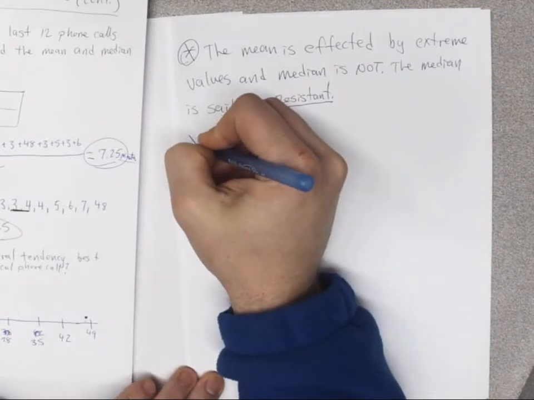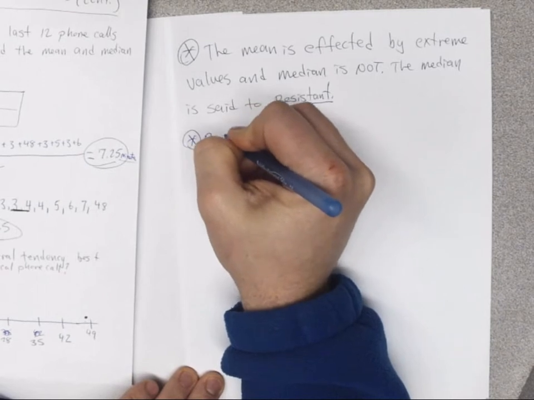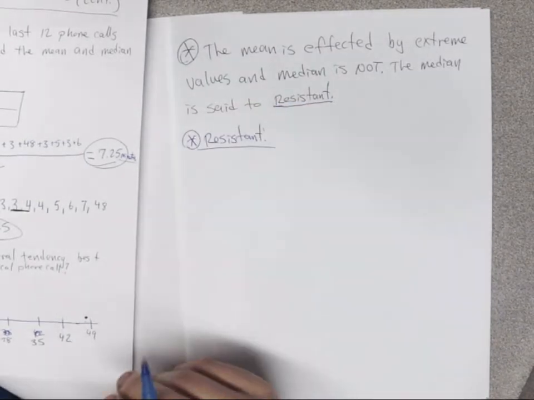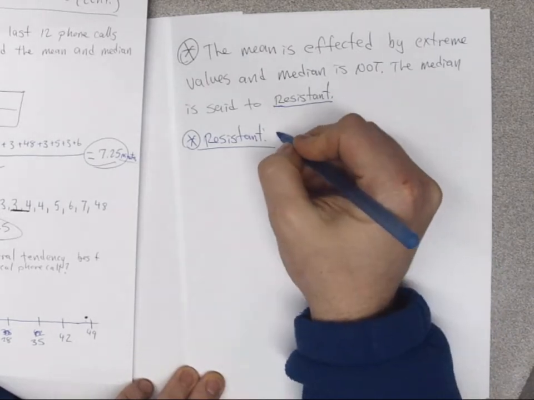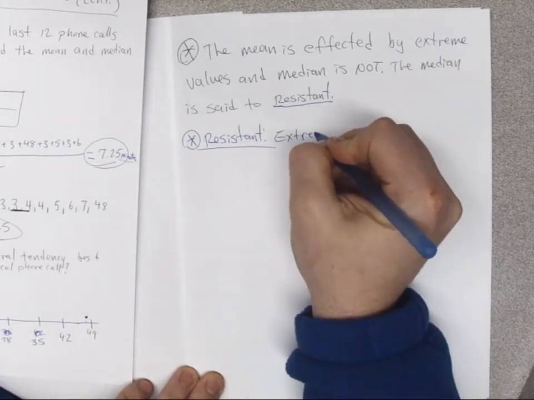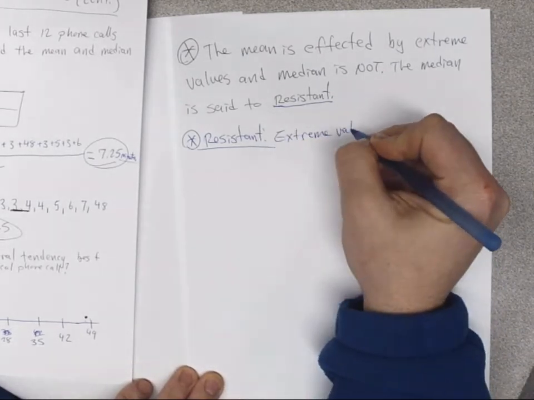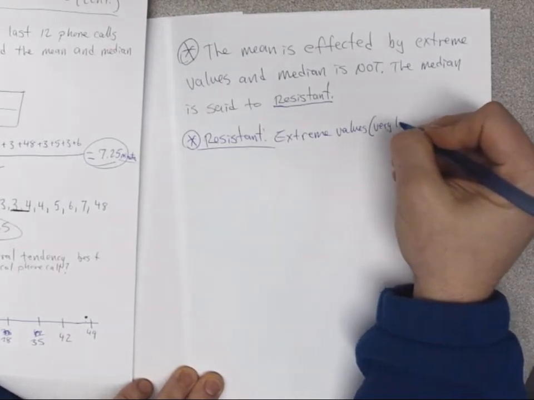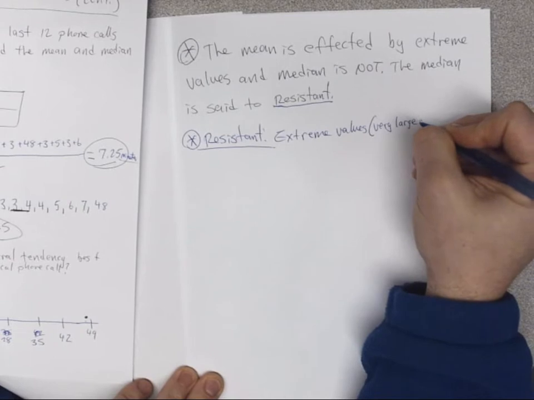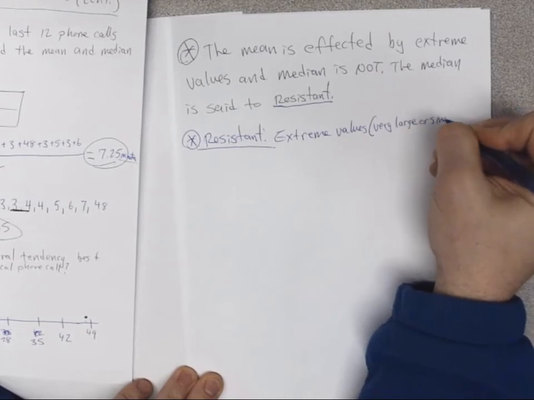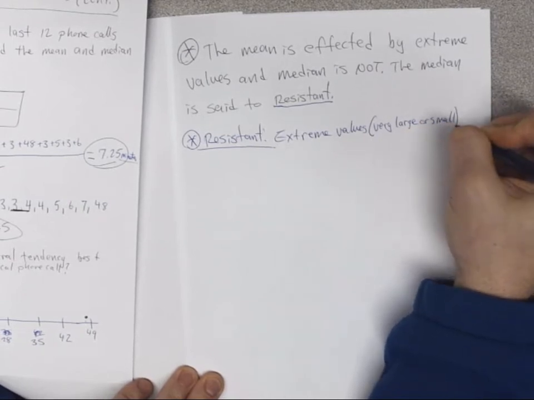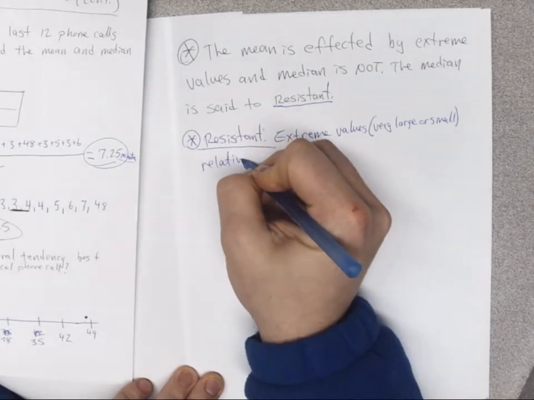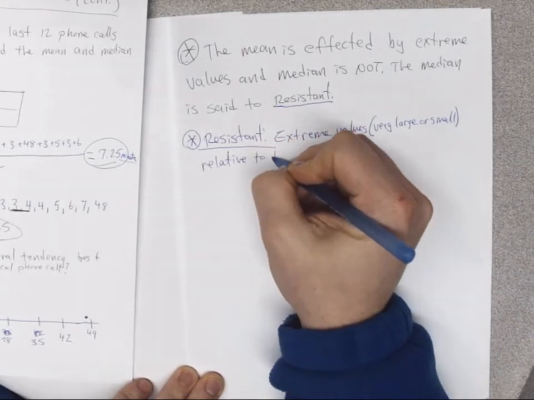Resistant means, let's do another star for resistant, that definition is extreme values, very large or small, and it has to be relative to the data.